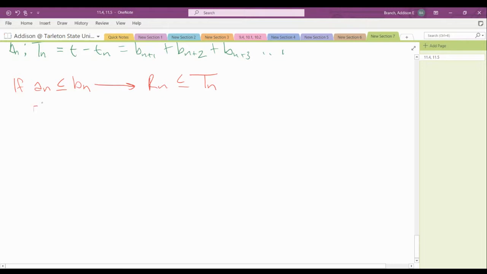So if B is a p-series, we can state that the integral of n plus 1 to infinity of our function is less than or equal to our remainder t, which is less than or equal to our integral from n to infinity of f of x dx.